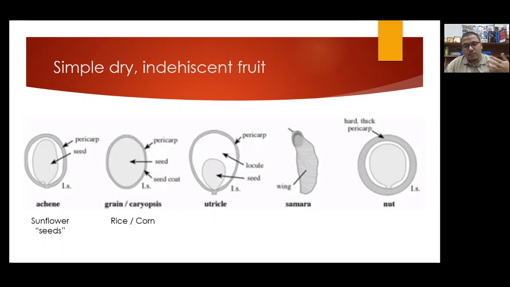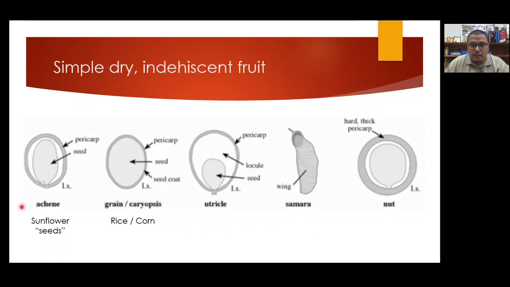The different types of simple indehiscent fruits are just variations on achenes. I don't want you to have to memorize all these different terms. Let's just look at what the differences are. So this one is the utricle. You see here there's a big area between the pericarp and the seed.